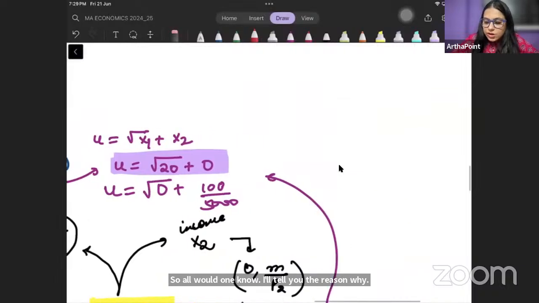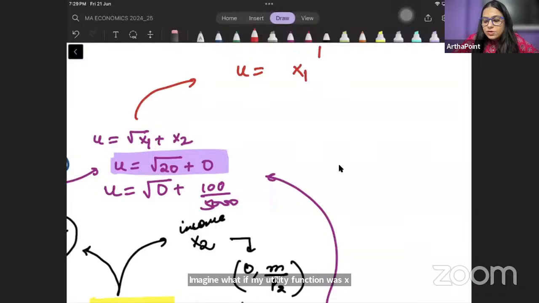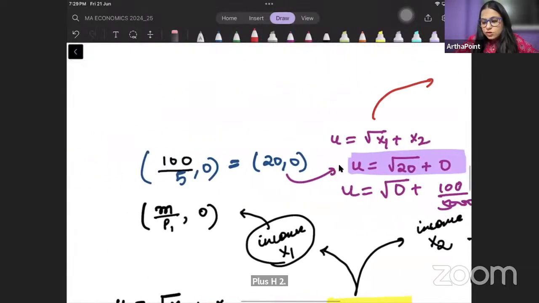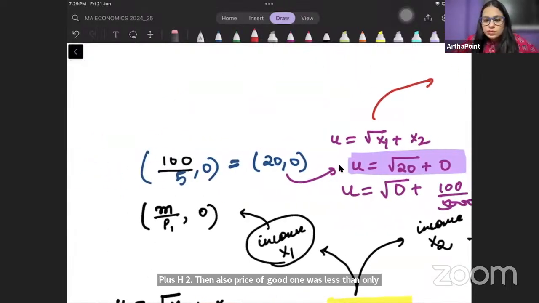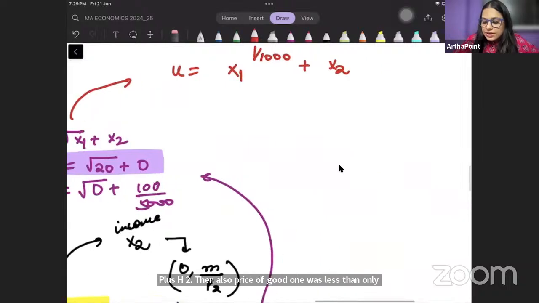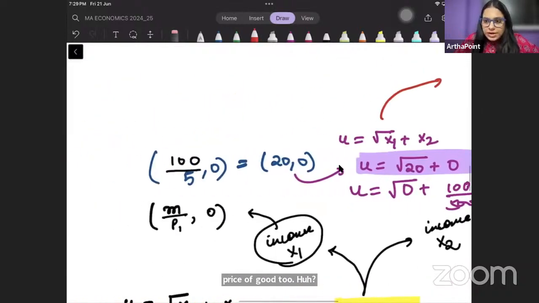Imagine, what if my utility function was x1 to the power 1 by 1000 plus x2? Then also price of good one was less than price of good two. But x1 का value क्या निकला? If I spend all my income on x1, I get 20 comma 0.